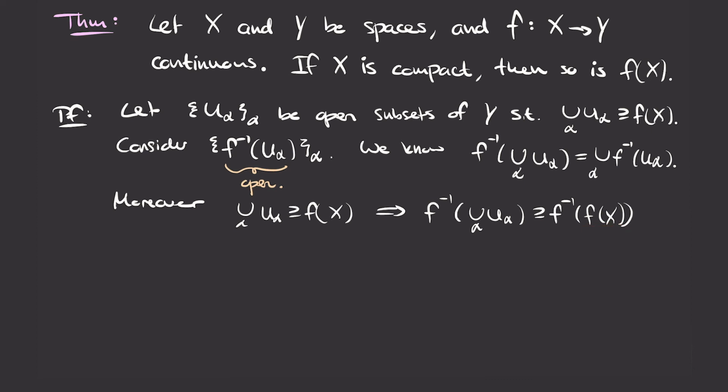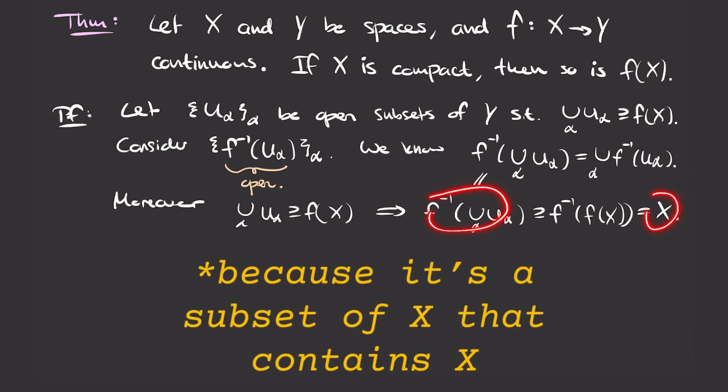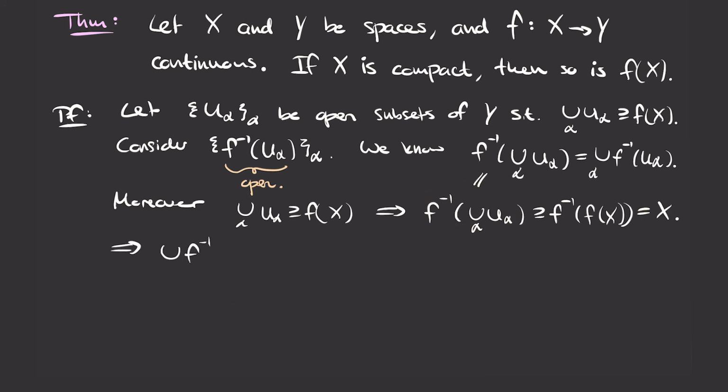But of course, every point in X maps to the image f of x by definition, so this is equal to the entire set X. So on the one hand, we've shown that the union of these pre-images of the U alpha is equal to the pre-image of the union of these U alphas. But on the other hand, the pre-image of this union is also equal to X. Therefore, the union of the pre-images of the U alpha is equal to X.